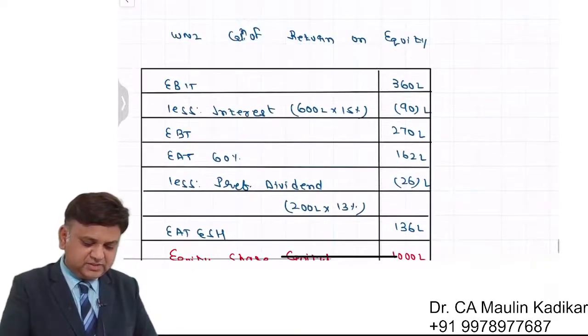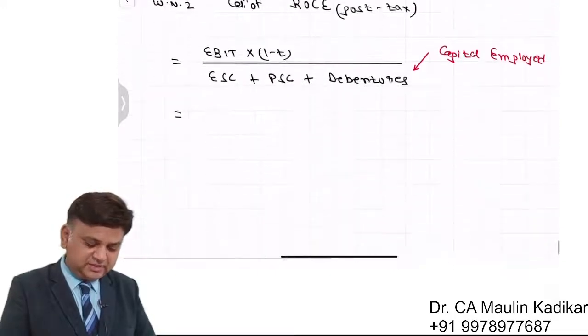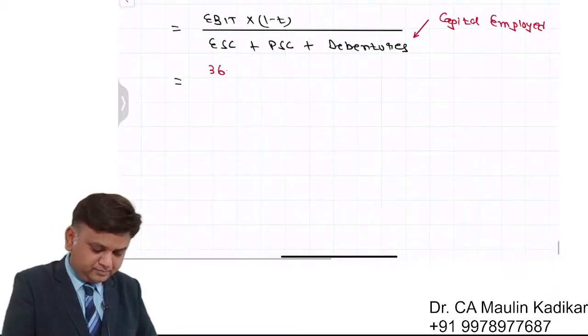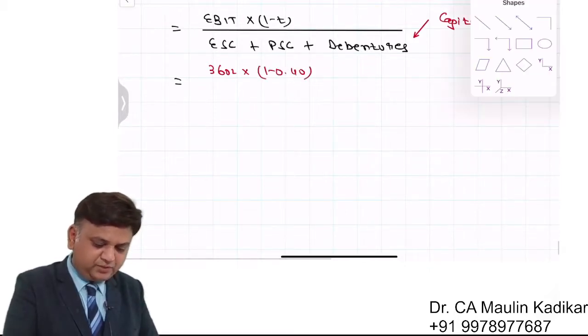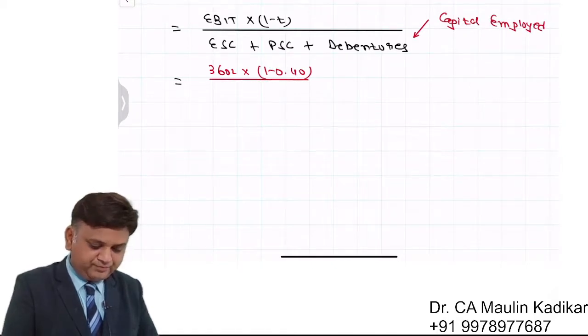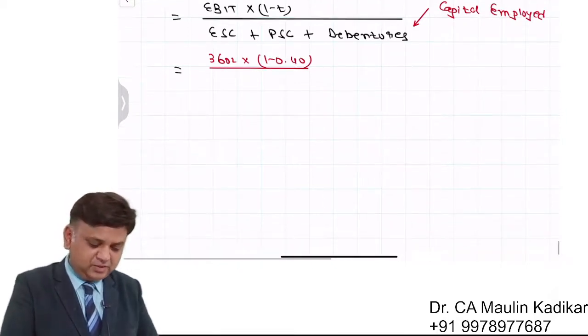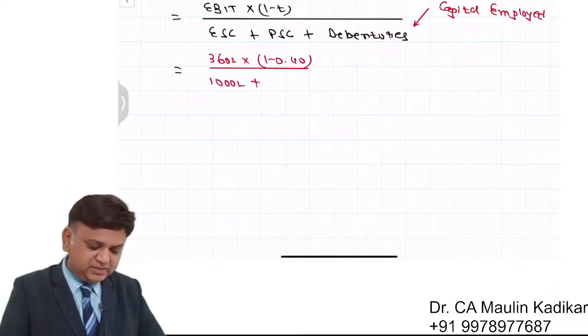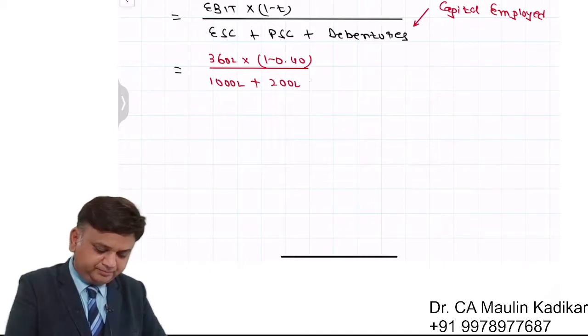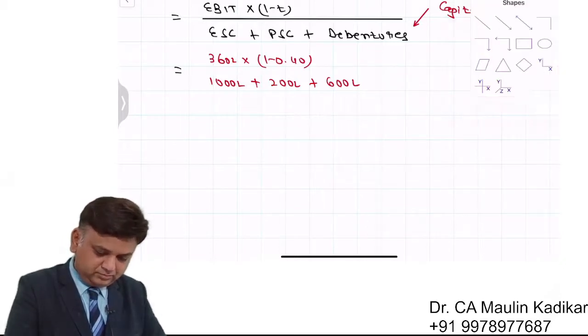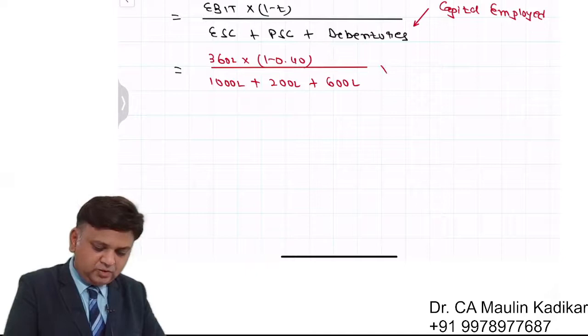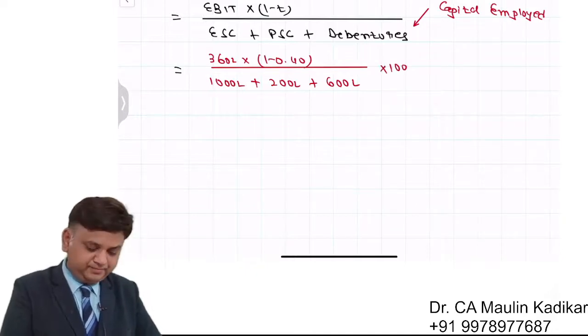Earning before interest and taxes 360 lakhs into 1 minus tax rate 0.4 divided by equity share capital is 1000 lakhs, preference share capital is 200 lakhs, and debentures is 600 lakhs, into 100 for getting answer in percentage term.